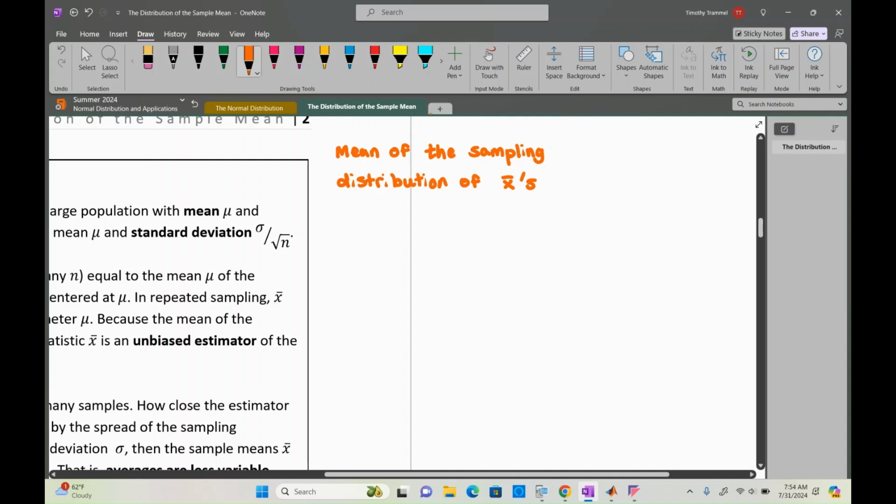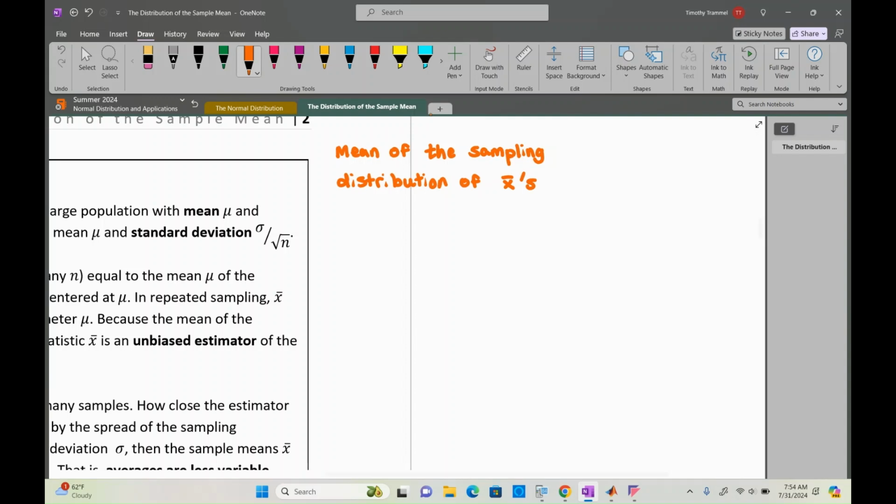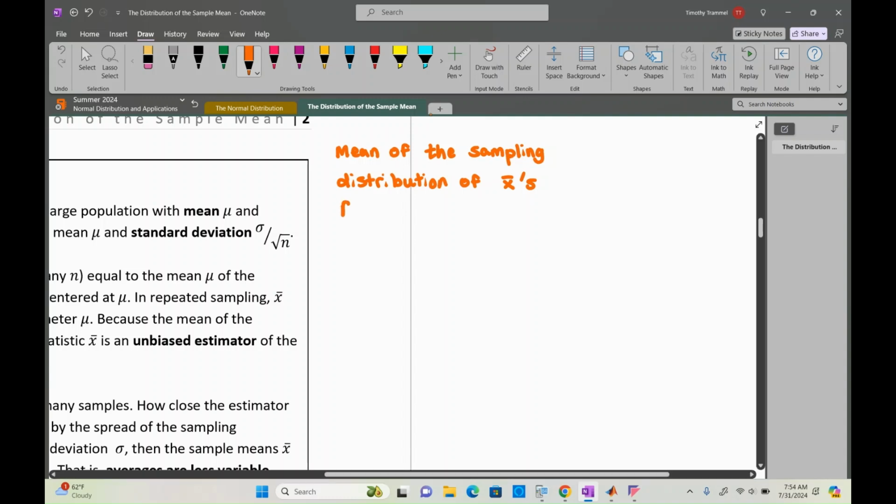So the mean of the sampling distribution of X bars for samples of size n, we're going to write it as mu sub X bar.